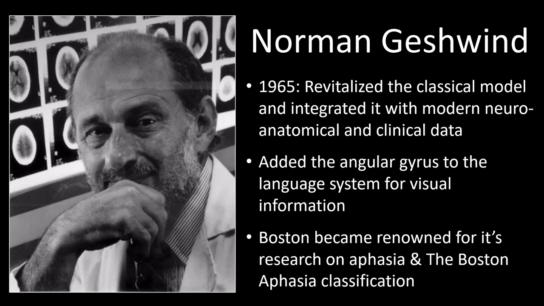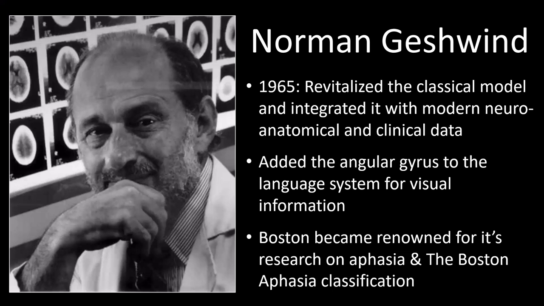He also added the angular gyrus to the language system because, well, I already told you I'm not talking about writing over here, but he believed it is the hub that allows visual information and auditory information to be translated into one another.